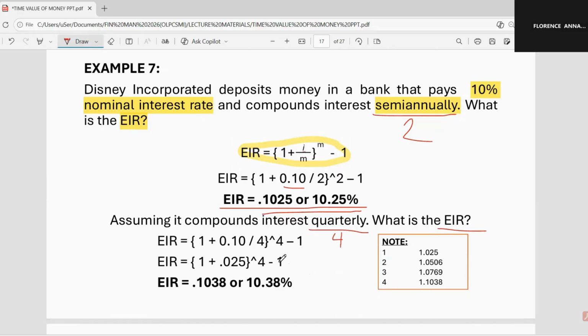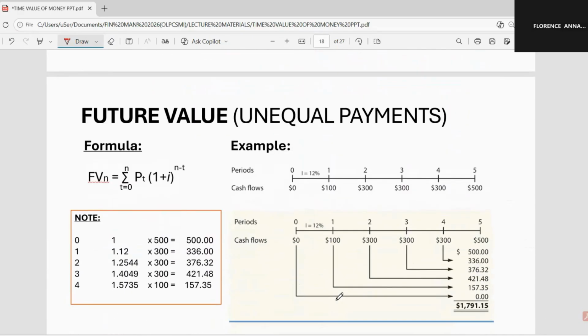Therefore, 0.10 divided by 4, that is 0.025 plus 1, that's 1.025 times 1.025, you'll get 1.0506 times 1.025, you'll get 1.0769 times 1.025, you'll get 1.1038, and you less 1, so you'll get 0.1038 or 10.38%. Clear?